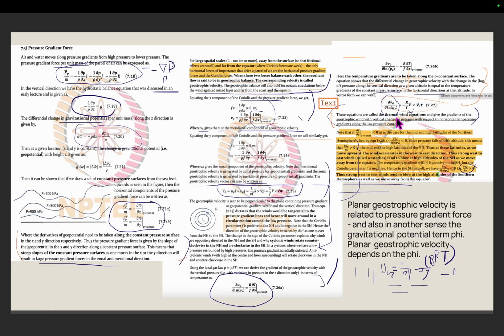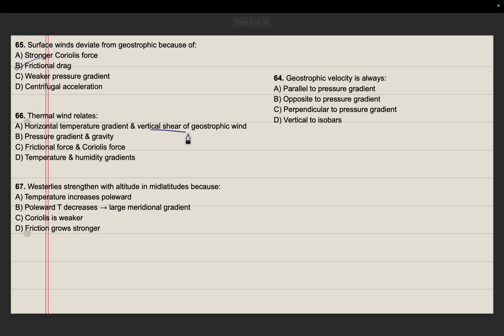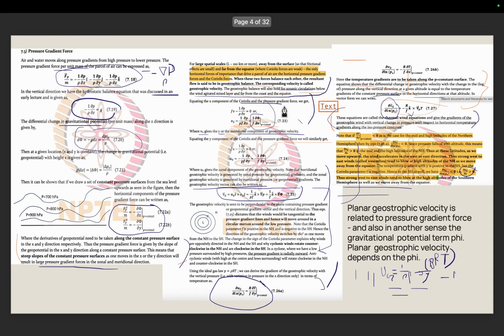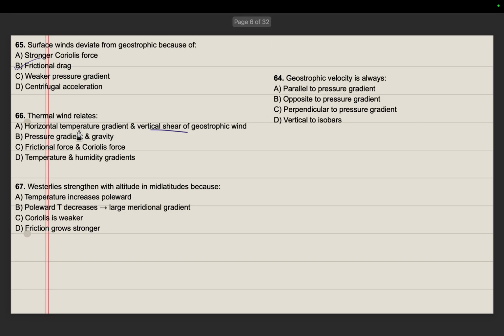This part you can consider to be the shear term of the geostrophic wind, and this is the horizontal temperature gradient. The thermal wind question comes from the thermal wind equation itself. So question 66, option A is correct.